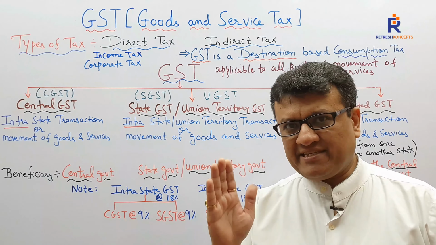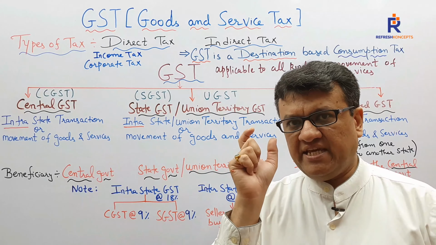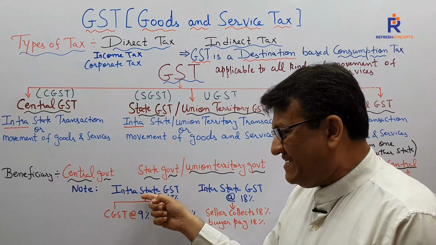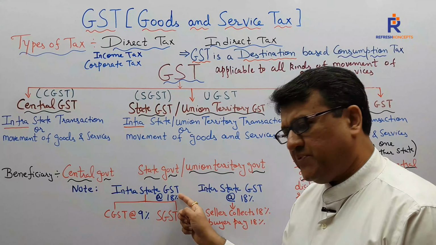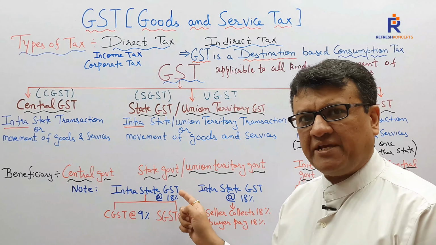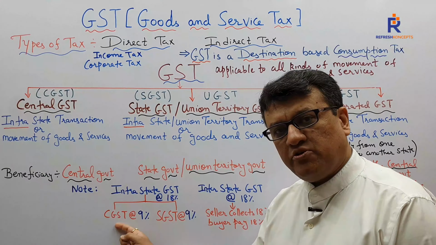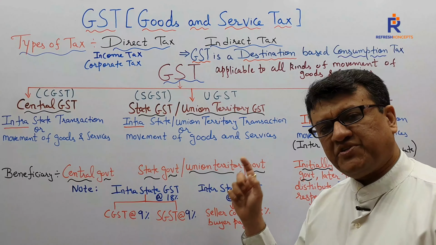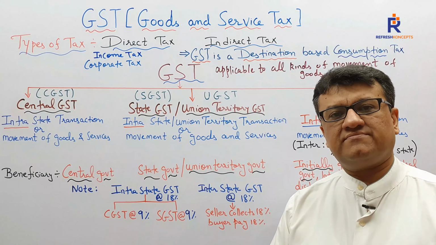The taxation will say 18% GST. Since it's intrastate, GST at 18%, the bifurcation will take place. 9% will go to CGST and 9% will go to SGST.